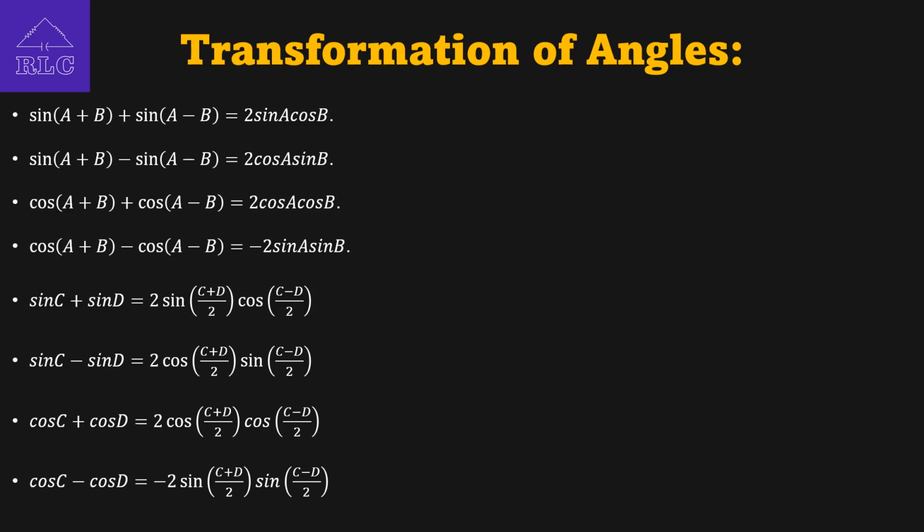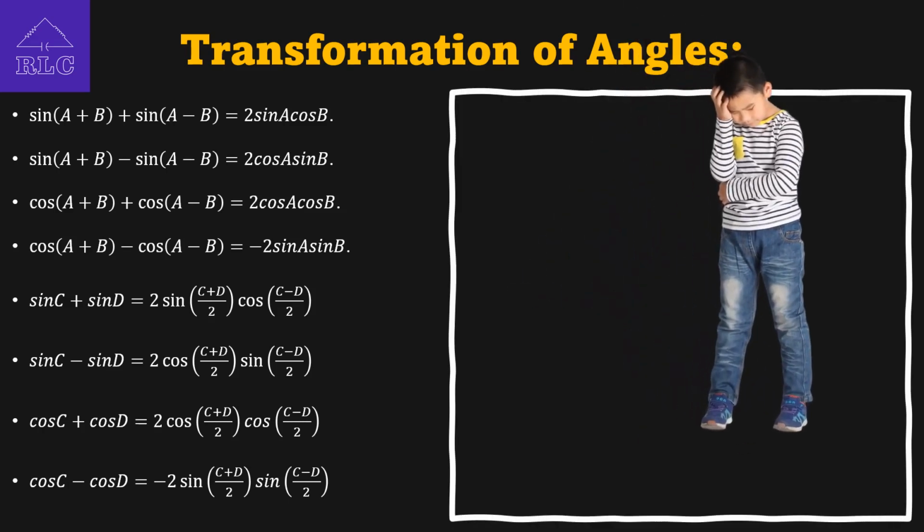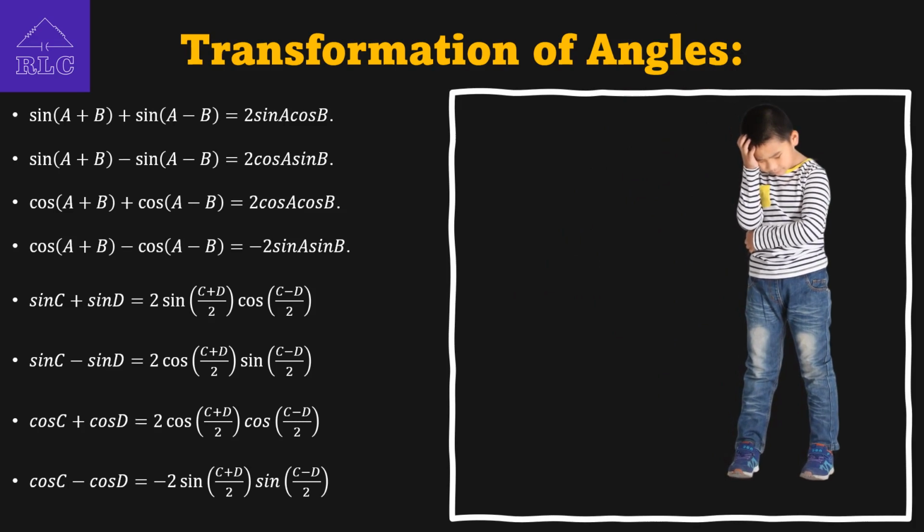You may get a doubt: how to handle this many formulas? Don't worry, we have a shortcut for this. If you get two sines, remember it as S plus S, and follow the order 2SC. First sine will come, then cos will come. Similarly, if you get two sines with a negative symbol, the order will change to CS.